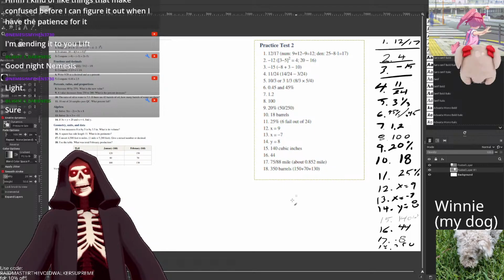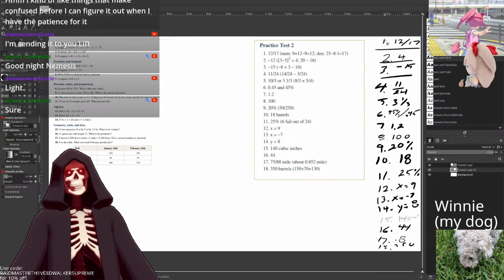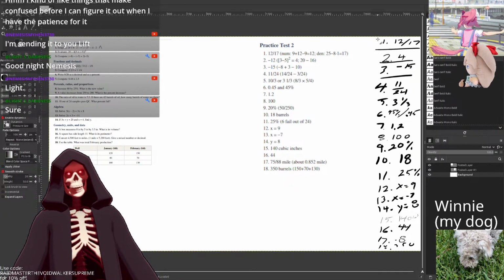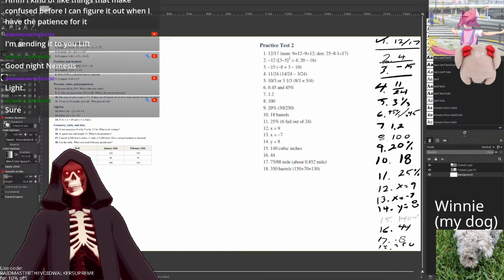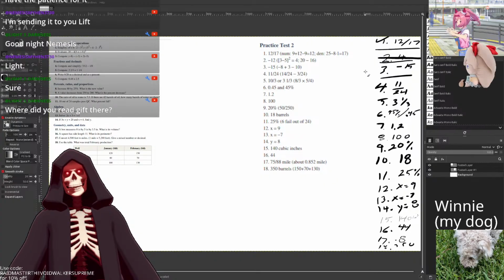It's nice. Anyway, test 1. Yes, that is me correct. So that's correct. 12 over 17. Negative 4. Okay, I did not get that one correct. Negative 15. Yes, I got that correct. 11 over 24.